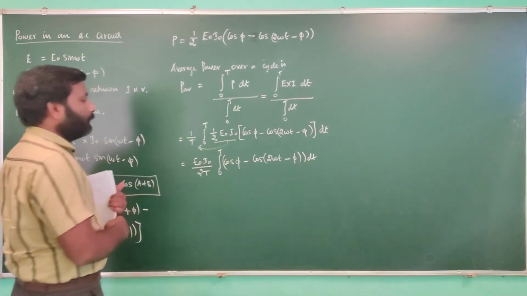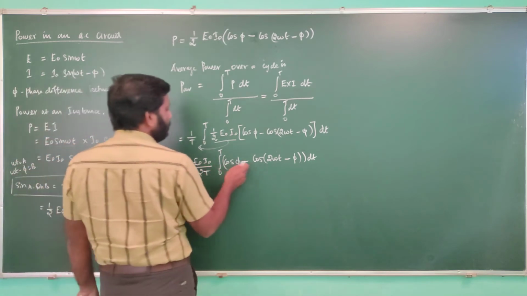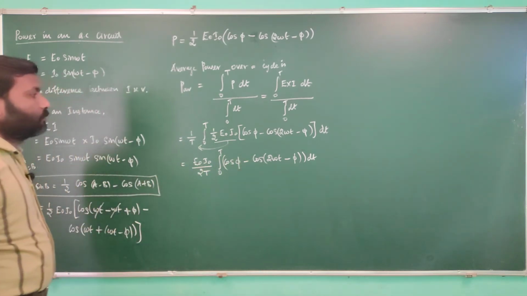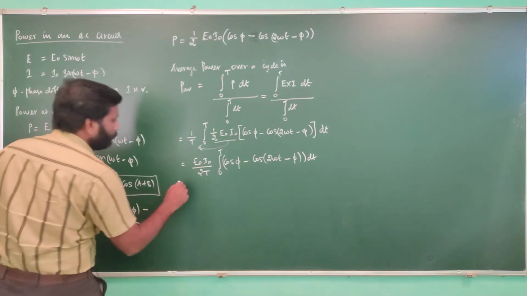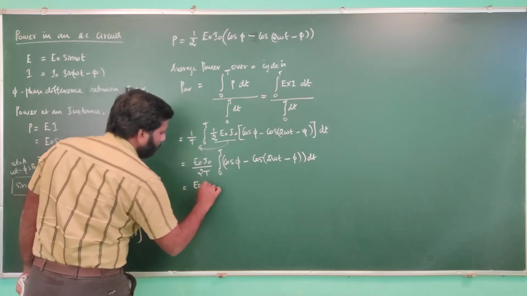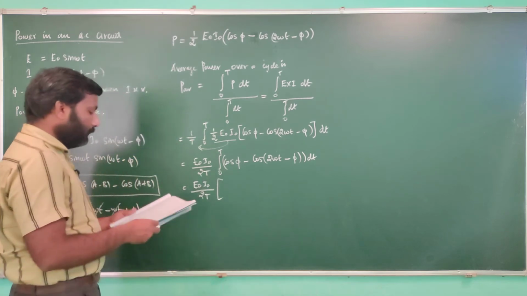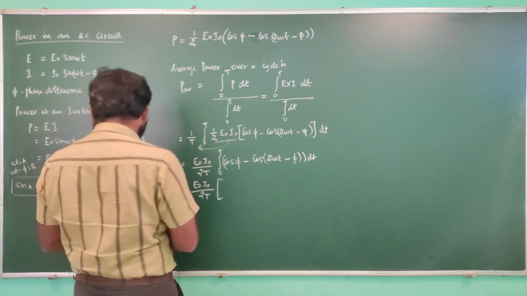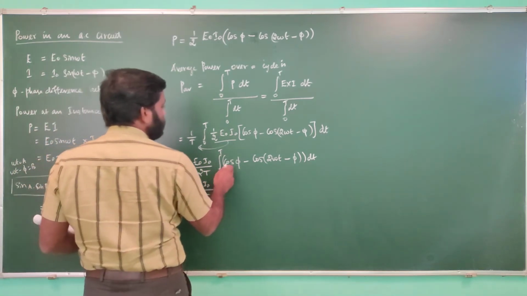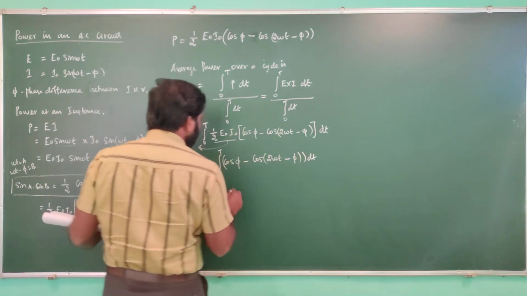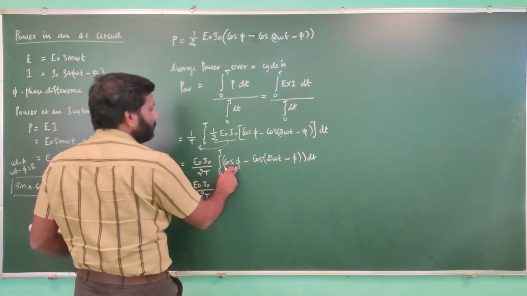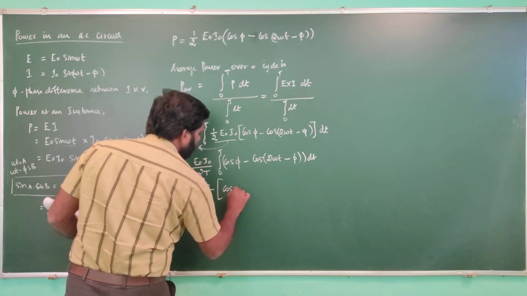Now we have to integrate cos phi and cos (2 omega t minus phi) separately. So that becomes E naught I naught by 2T. On this side, cos phi is a constant, so that becomes cos phi times t.